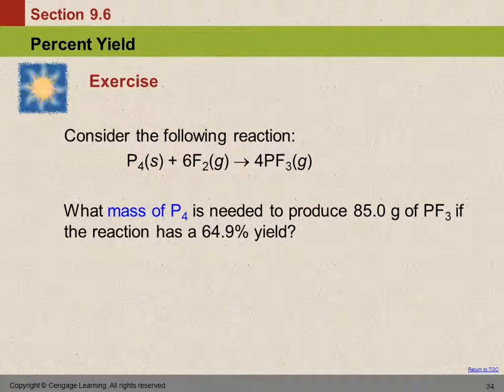Let's not do that one. Your book goes over problems like this where they're giving you the percent yield and asking you to find the mass of reactant needed to make a certain amount. We're not going to do those calculations. That's a little more advanced, and we're just going to stick with calculating the percent yield.